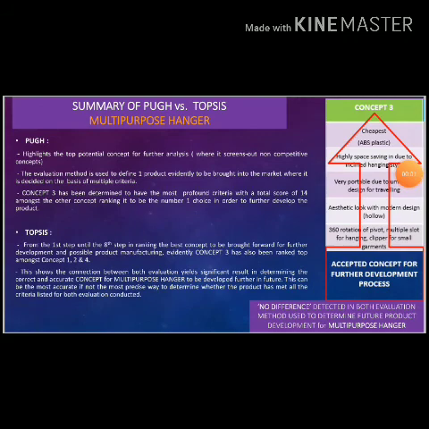Again and again, concept number 3 is chosen, and is proven by Topsis and even the Pugh matrix, to be a good concept to work on, because it is the cheapest, it is based on ABS plastic, and it has good features, highly space saving due to the inclined hanging style. Of course it is very portable due to the umbrella design for traveling, so it can cater to frequent travelers as well.